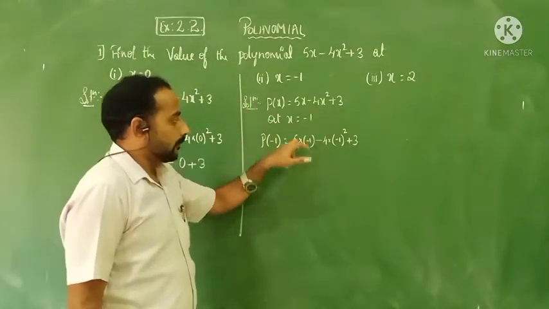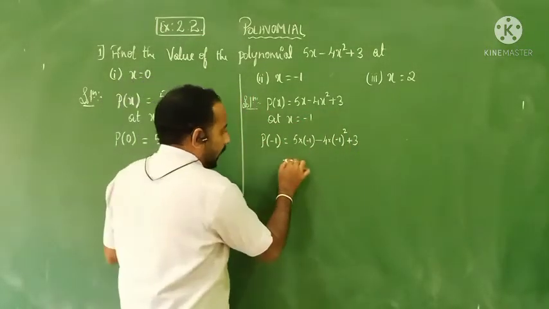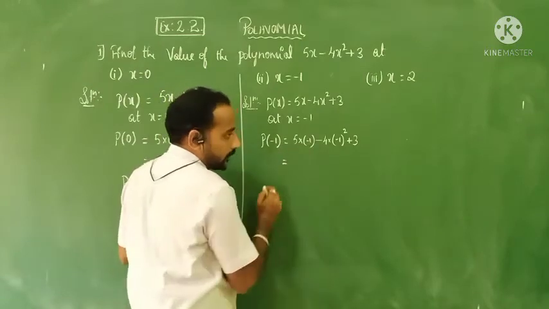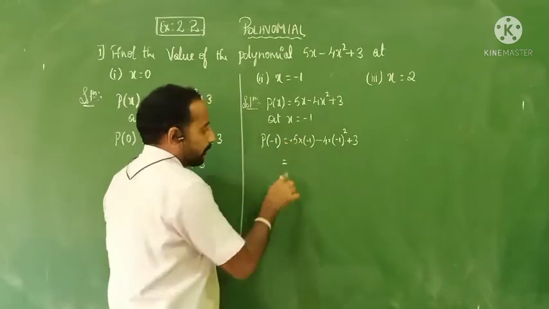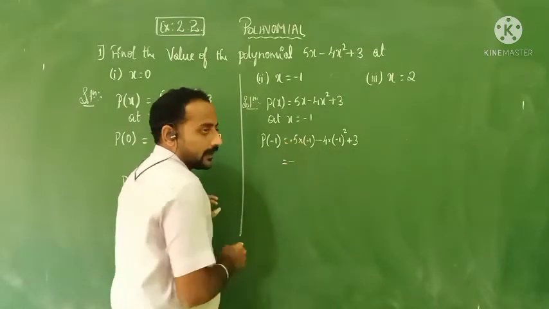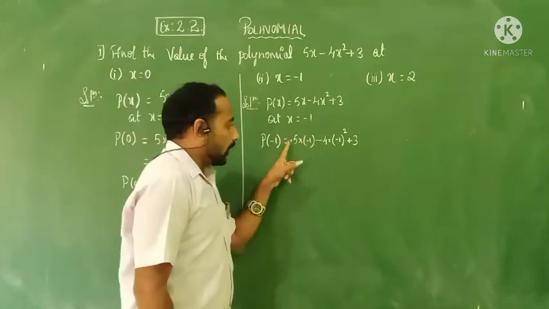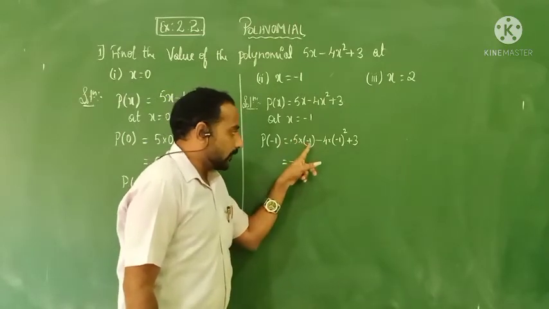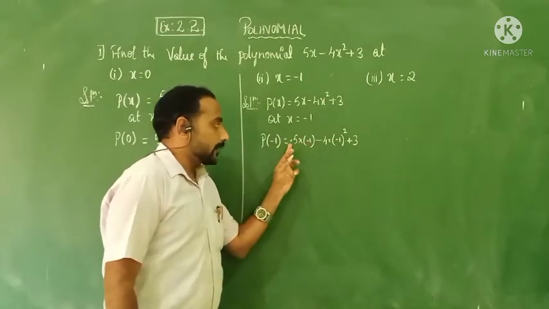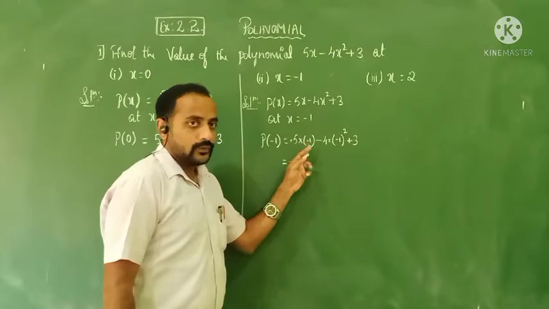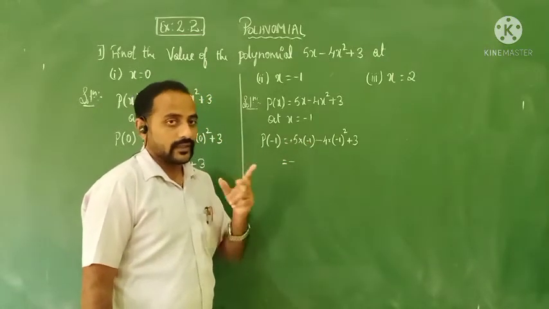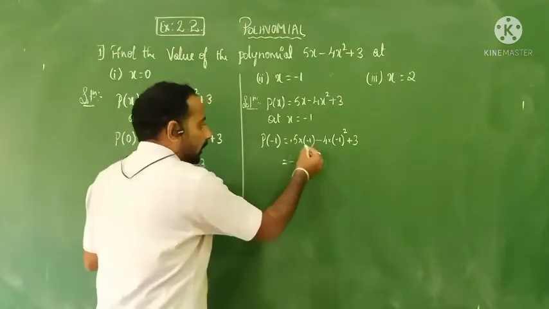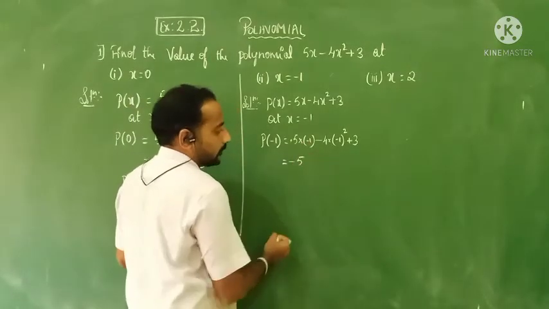Same as this. Now 5 into minus 1. First multiply the sign. There is plus over here. Plus into minus is minus. Always remember this. When you are multiplying, if you get alternate signs like positive and negative, you should multiply the sign first, then the number.